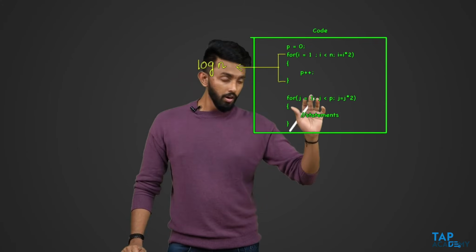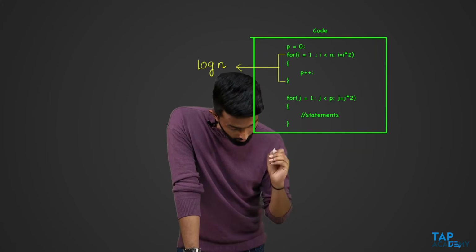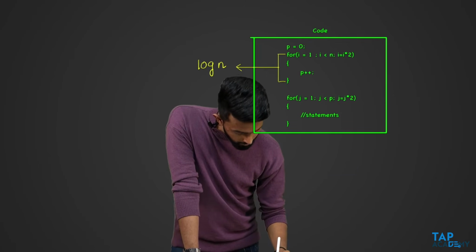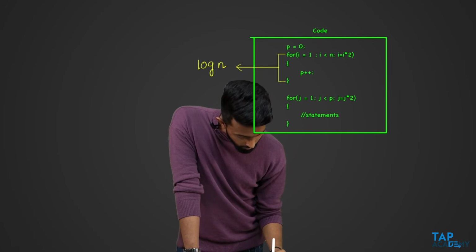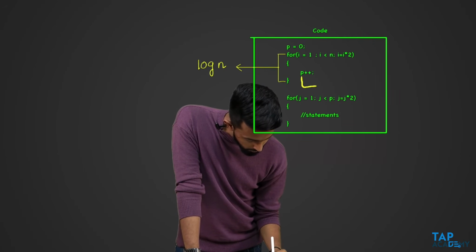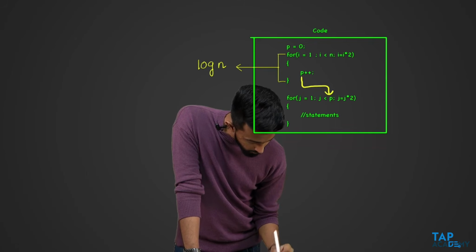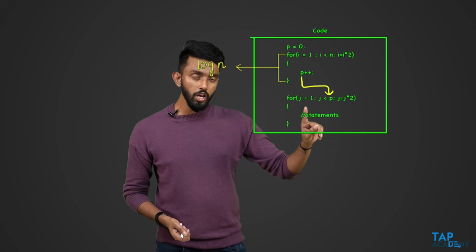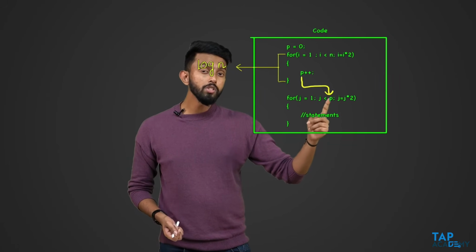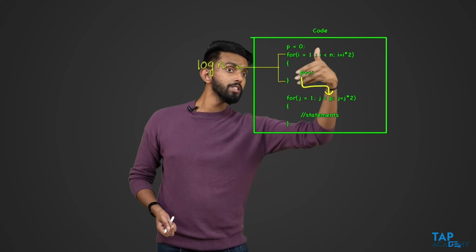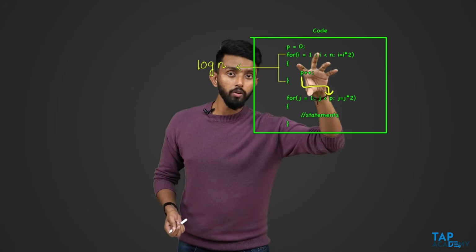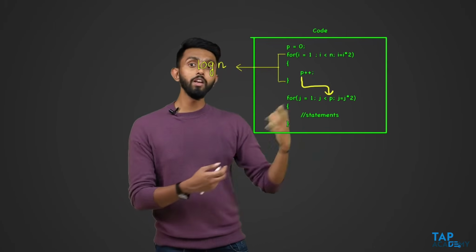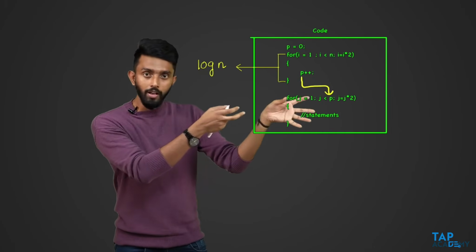Now I am coming here and see what is happening here carefully. Whatever is the value of p that was computed here, that is the value of p which you are assigning here, my dear friend. Are you able to notice that? Which means this j begins from 1, but it doesn't go till n, it goes till p. And this p value, you have got it from here. And see, here also it is into 2, into 2, into 2. It is increasing, which means what is going to be the time complexity here?